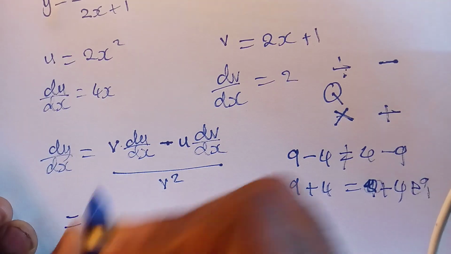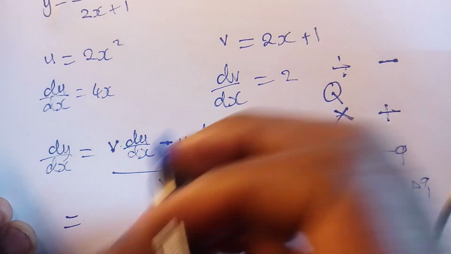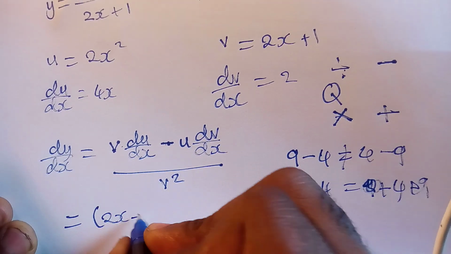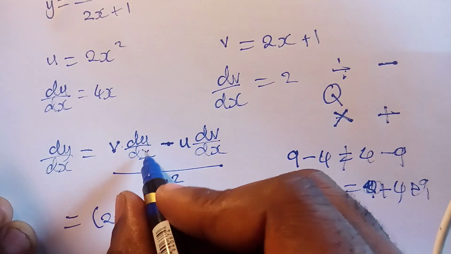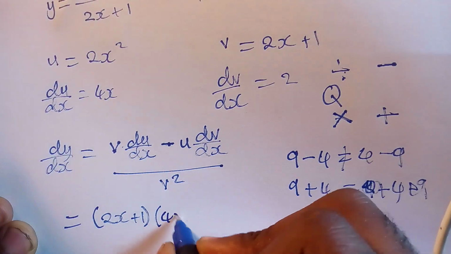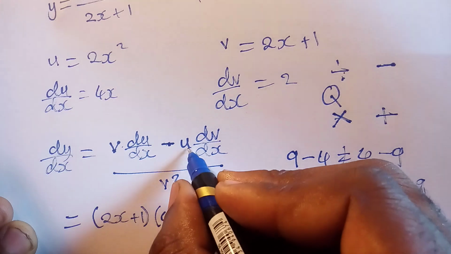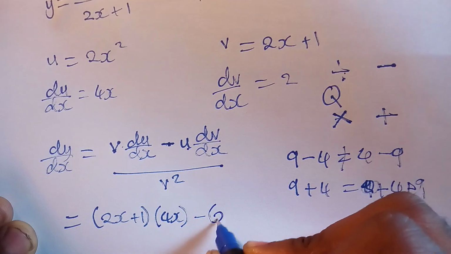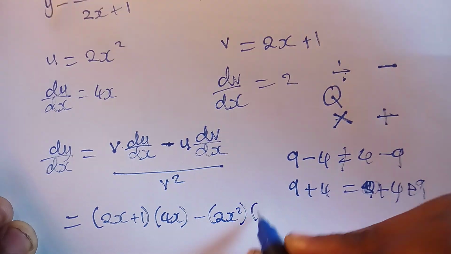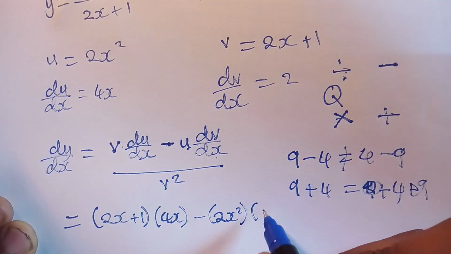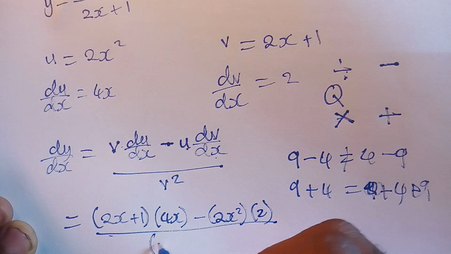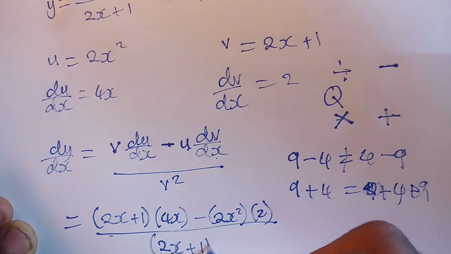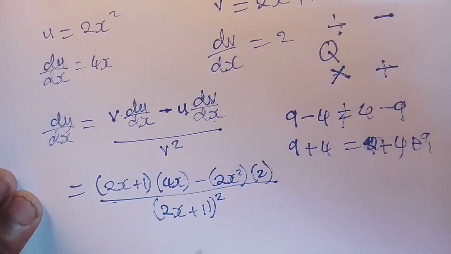So now our v is 2x plus 1, and then our du dx is 4x minus our u is 2x squared, and then our dv dx is 2, then everything over v squared, which is 2x plus 1 squared.